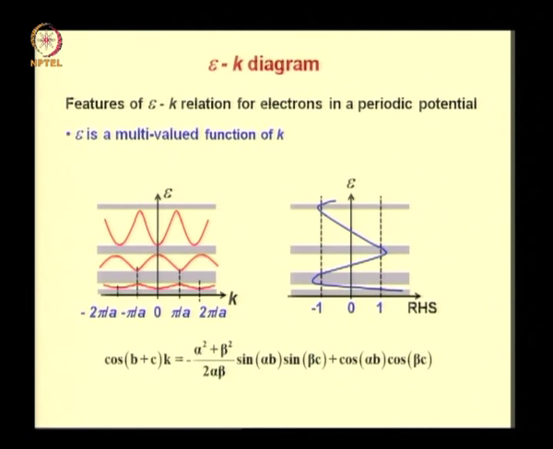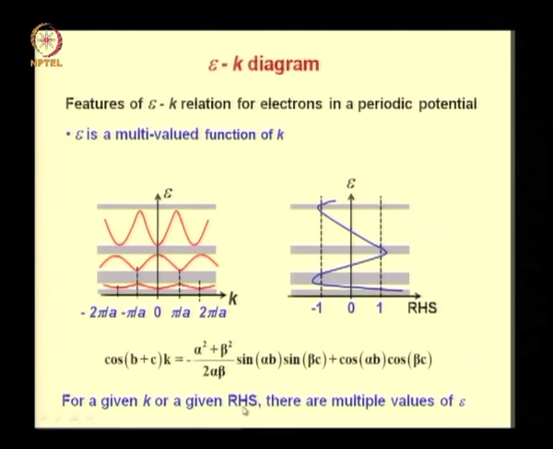Now let us look at the final feature of the Ek diagram. This is that E is a multi-valued function of k. How do you get this? Well, that is also obtained very easily from this graph, which clearly shows that for a given k or a given value of the right hand side, there are multiple values of E. You can see that here, for any given k there are many values of E. That is again because of the periodic nature of the right hand side, okay, and that is why here E is a multi-valued function of k.